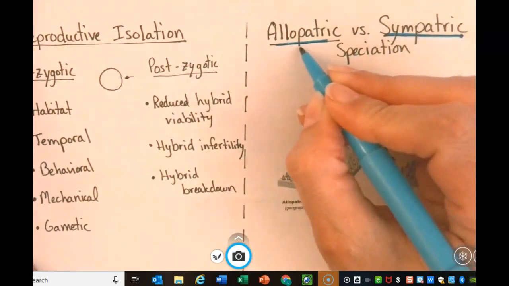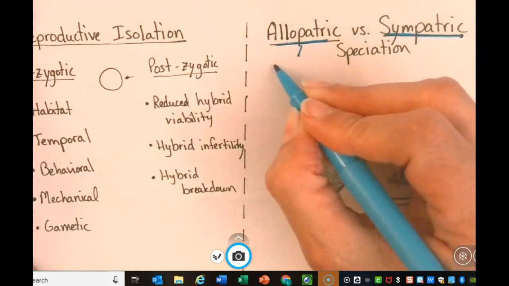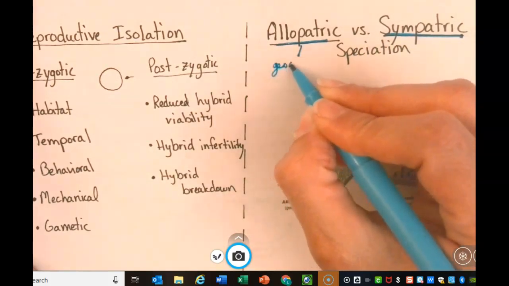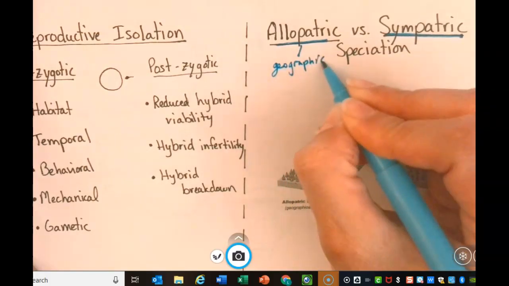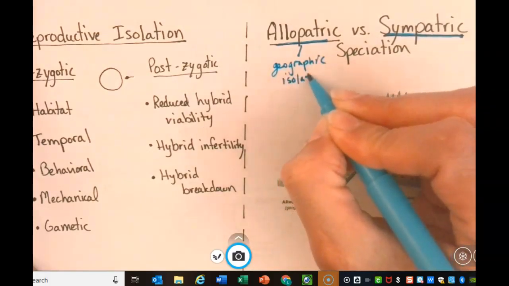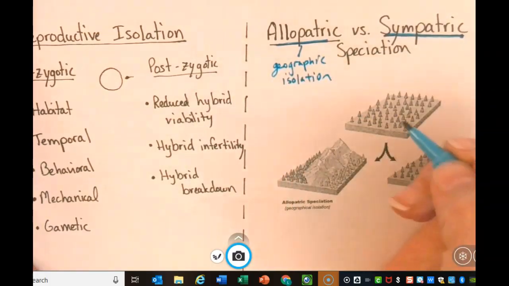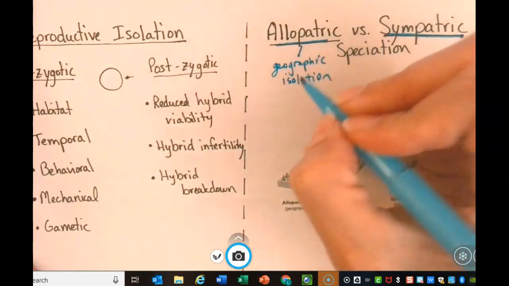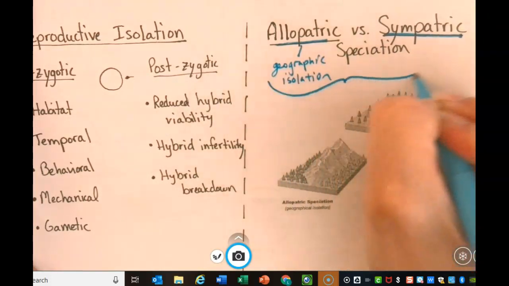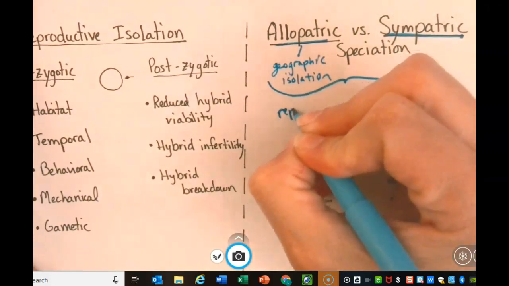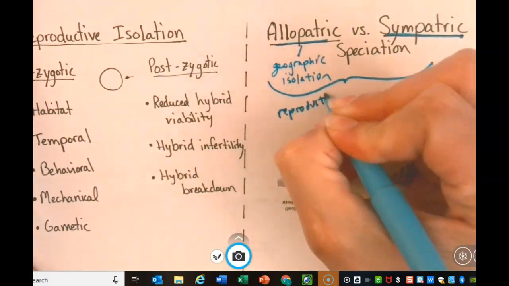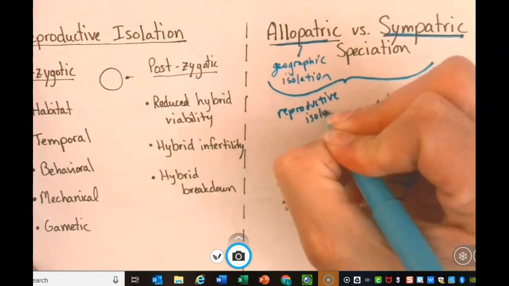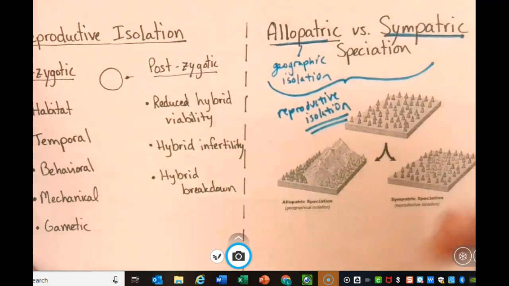Allopatric speciation is due to some sort of geographic isolation. Sympatric speciation is isolation without a geographic barrier. But it's important to note that both of these result in reproductive isolation. You're preventing gene flow.